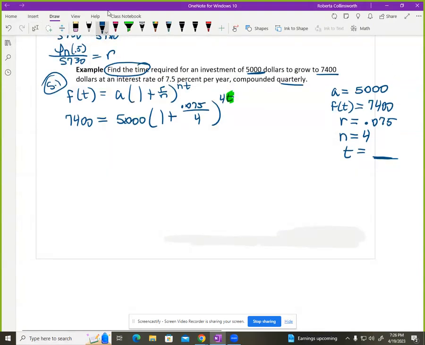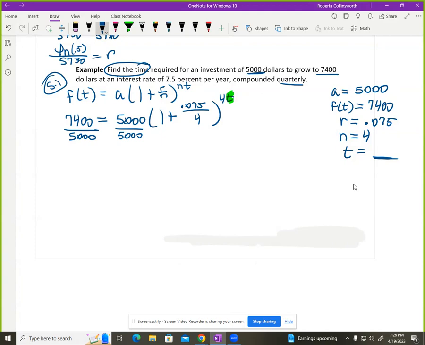Okay, so let's look at what we have. I have 5,000 times something equals 7,400. So let's get rid of the 5,000 by dividing both sides by 5,000.